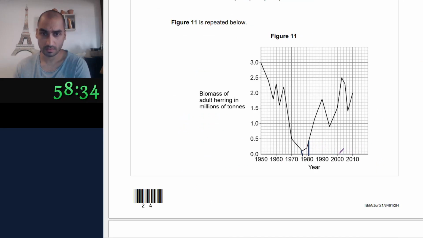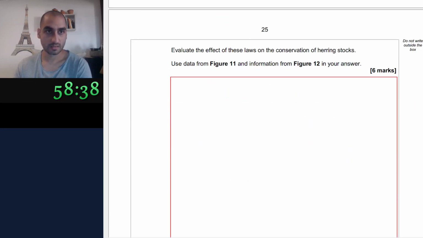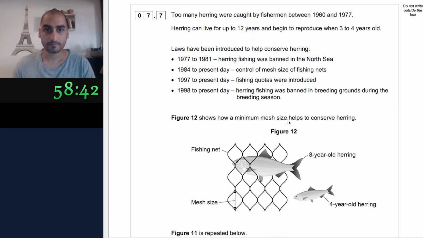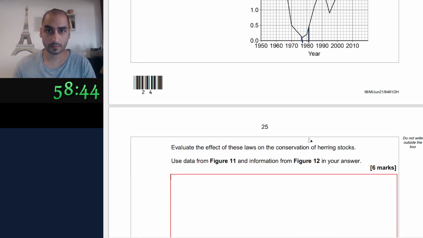But then there is an increase, so let's say from 1977 to 1981, there is a rapid increase in herring population.